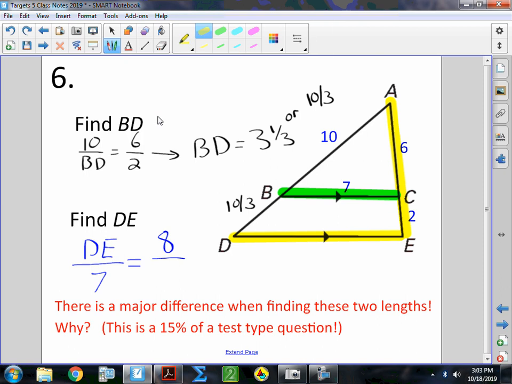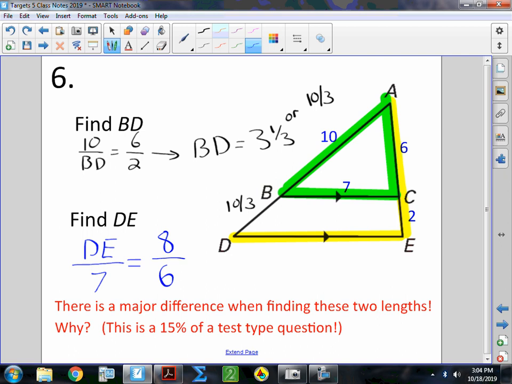There's an entire small triangle on top, highlighted in green for you. So DE over 7, the bottom of the big triangle over the bottom of the little triangle, is going to equal 8, the right-hand side of the big triangle, over 6, the right-hand side of the little triangle.